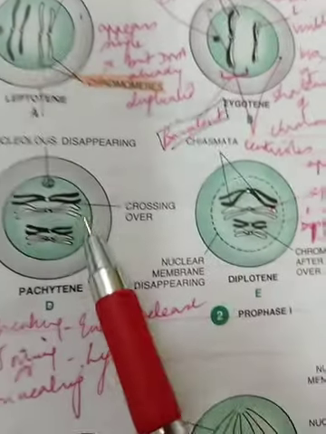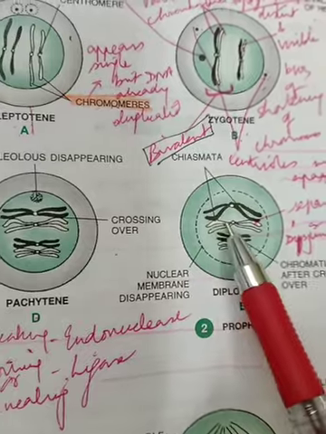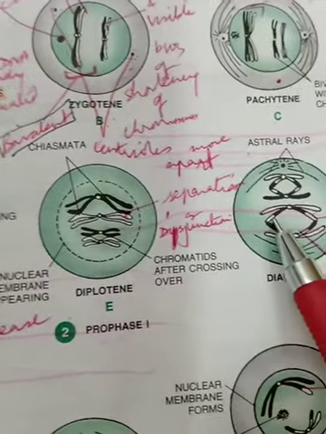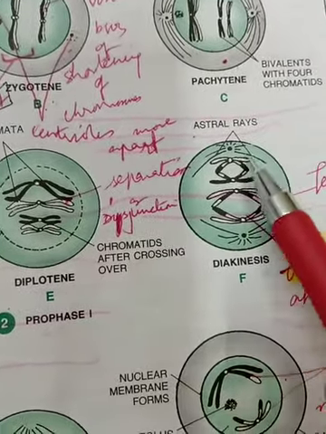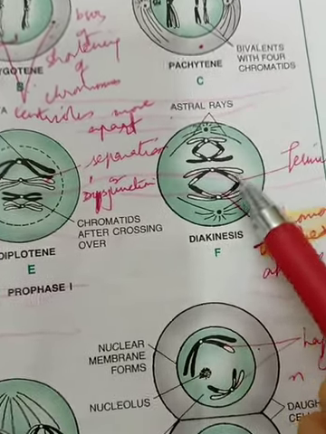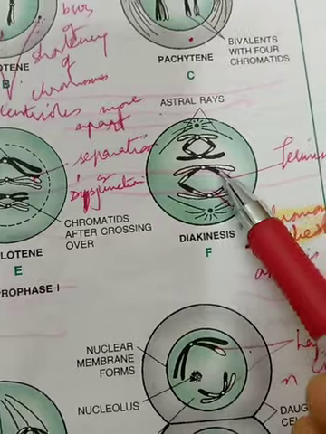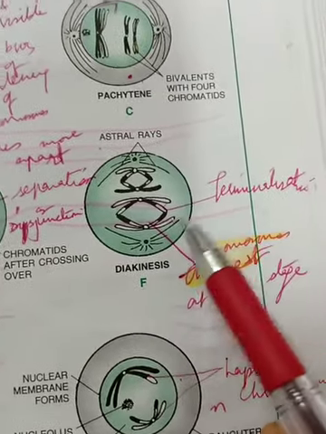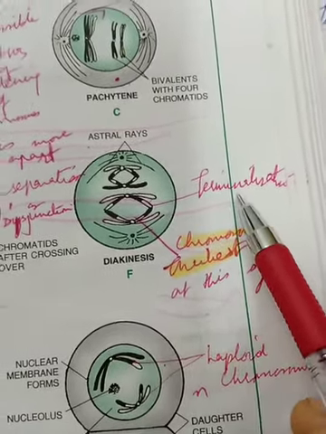See, this X children, what was here, gradually see it is moving towards the terminal end. Now it is only in contact at the terminal tip. The crossing over has taken place. You can see the colored portion has exchanged, and finally the chiasma moves to the terminal end, and we call this terminalization.